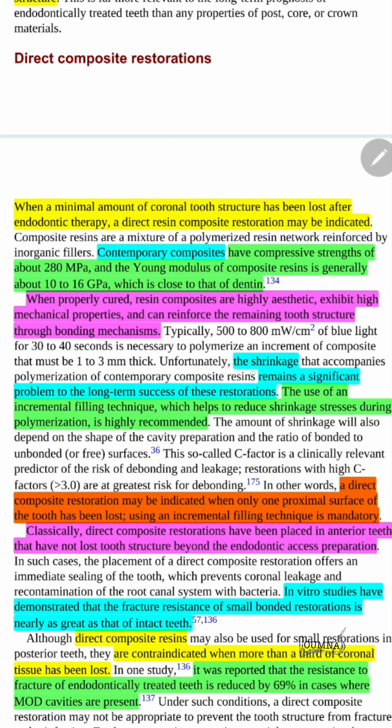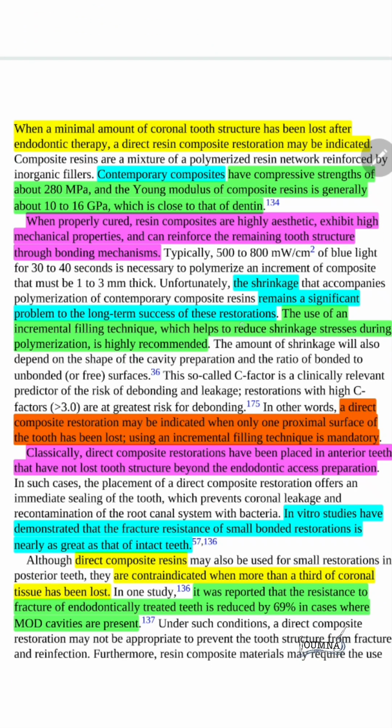But to prevent the shrinkage that happens to all the restorations, we must do the incremental filling technique, where we do it in small amounts and we build it gradually.